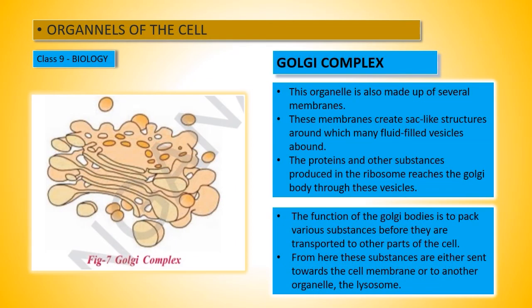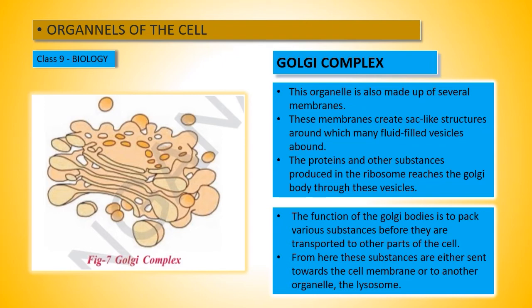Golgi complex. This organelle is also made up of several membranes. These membranes create sac-like structures around which many fluid-filled vesicles abound.